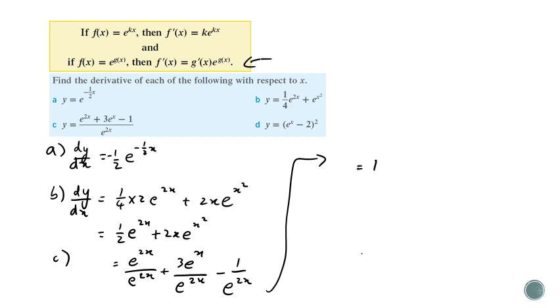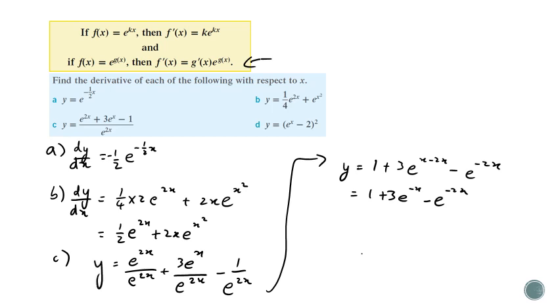So the first one is a 1, those are the same. Then we have e to the power of x minus 2x minus e to the power negative 2x. Oh, whoops, I wrote that wrong. That should be a y. My bad, just noticed.